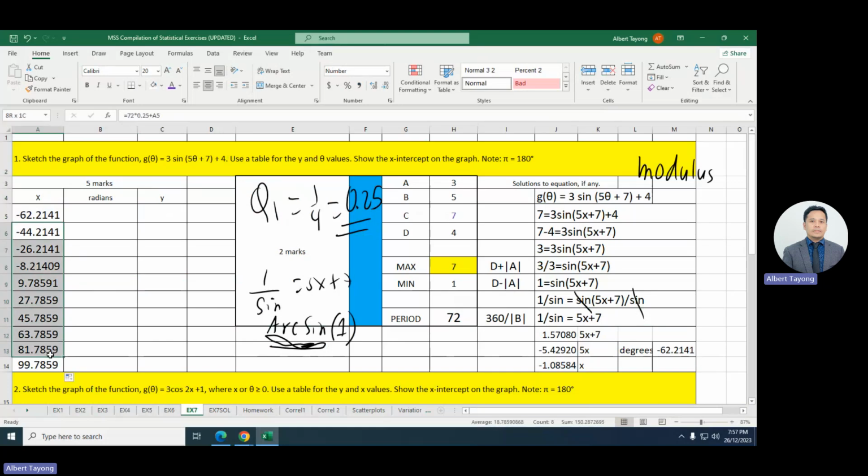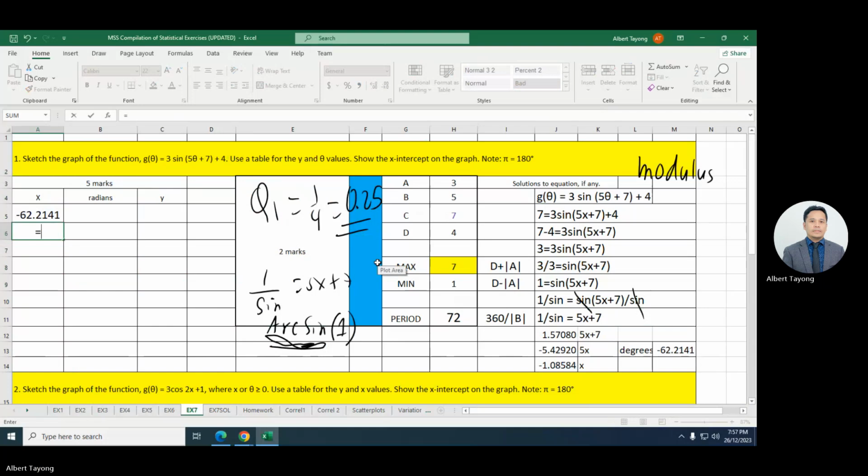Okay, one last try. Guys, equals 72. From where is 72 again? From the period. Multiply. What is the first quartile? 0.25 plus the first x. What is the first x? Select the second.